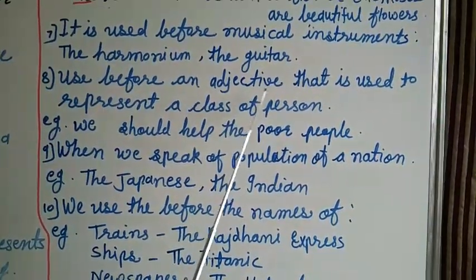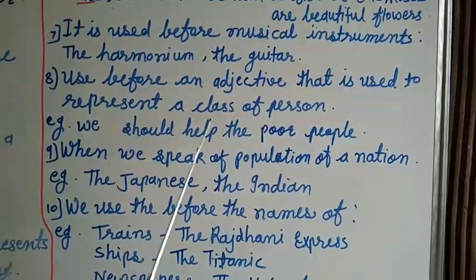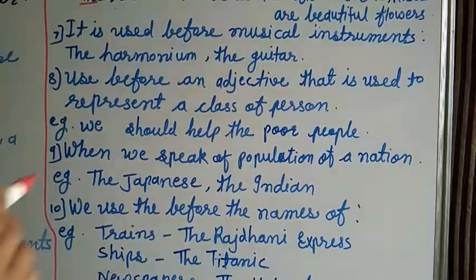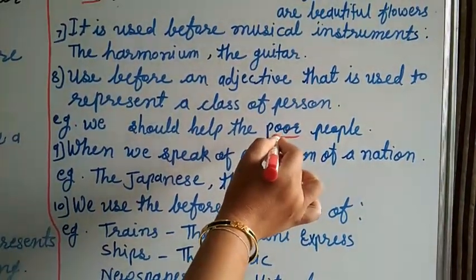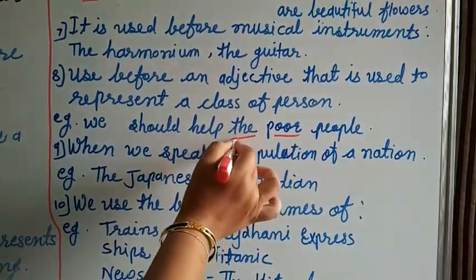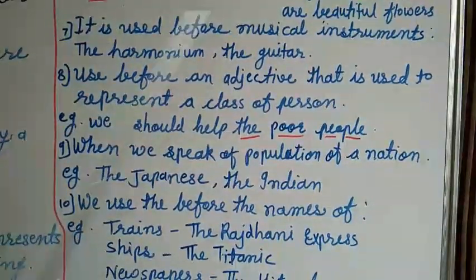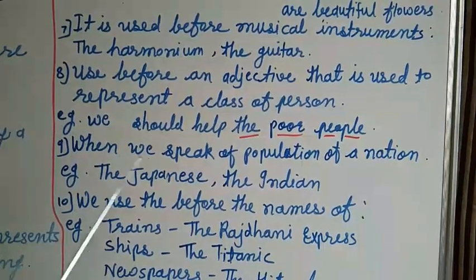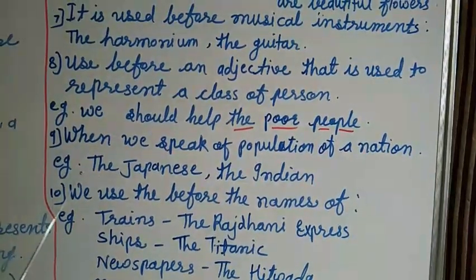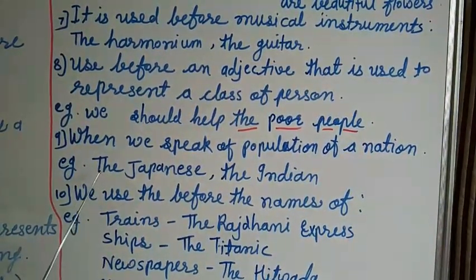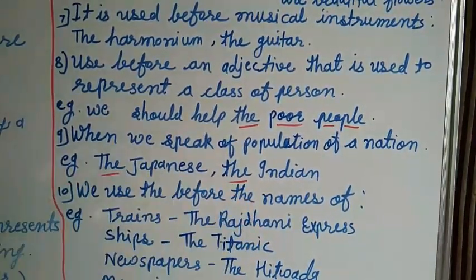Before an adjective that is used to represent a class of persons: We should help the poor people. Poor is an adjective, but why did we use "the" here? Because we talked about a class of people. Next, when we speak of the population of a nation, then the Japanese, the Indians, we have to use "the".